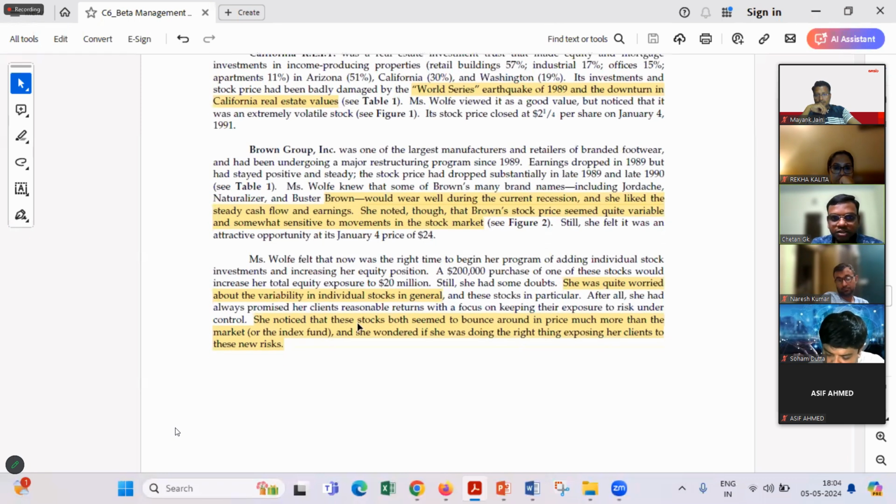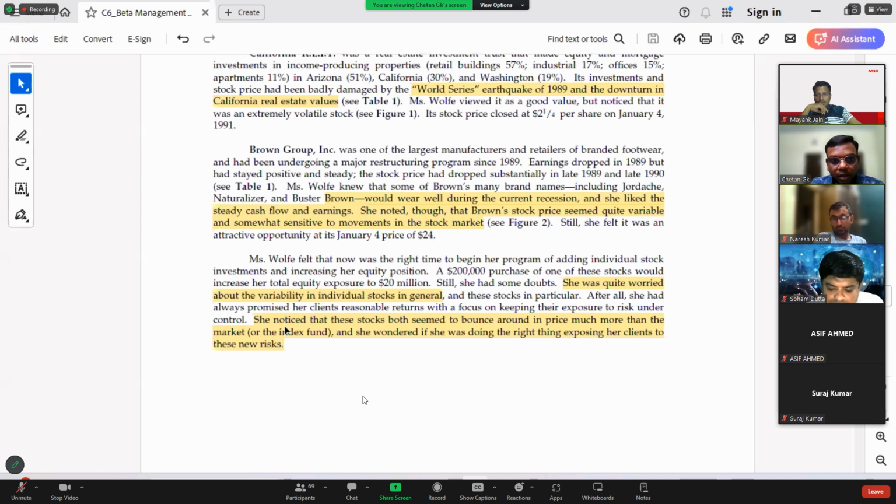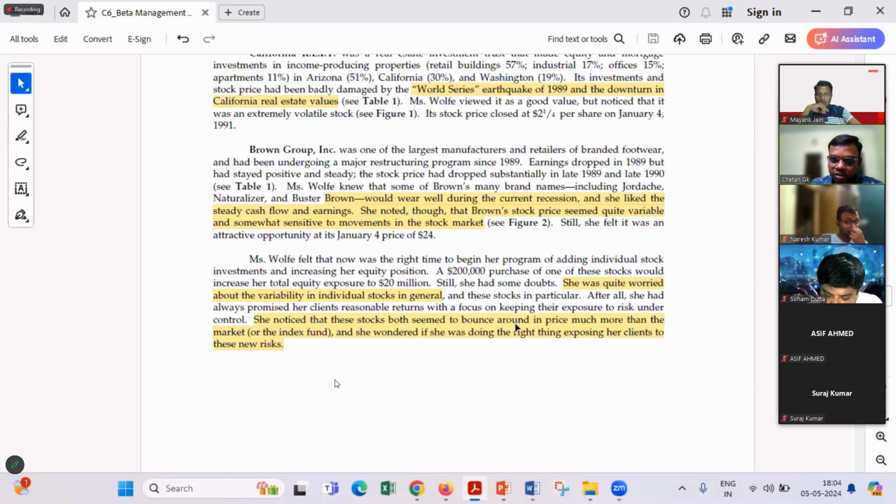She noticed that these stocks both seem to bounce around in price much more than the market, and she wondered if she was doing the right thing, exposing her clients to these new stocks. Market means what here?